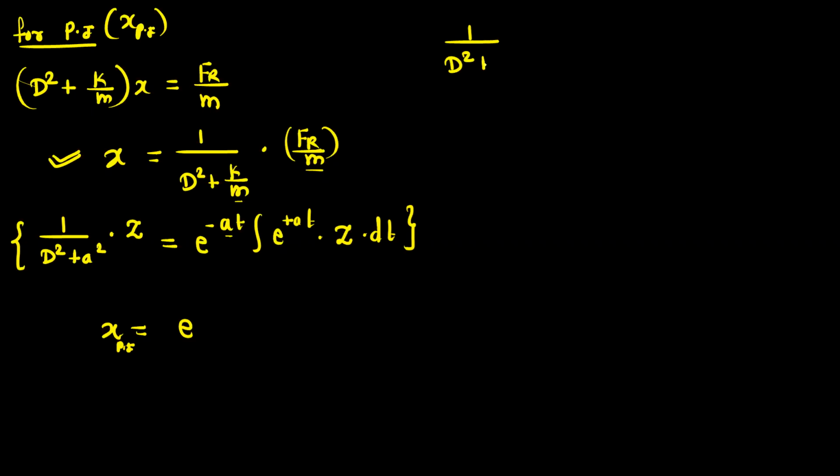So this is 1 upon d square plus a square. This is equal to 1 upon d square plus k upon m.